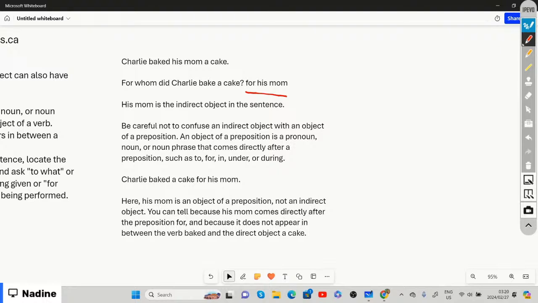And remember we said that an indirect object appears between a verb as well as the direct object. And in this case, it is not doing that.